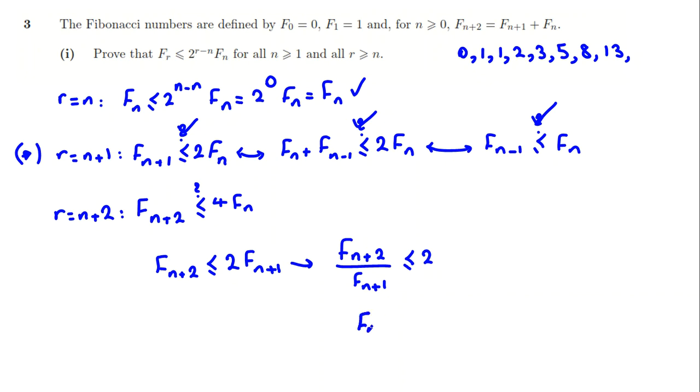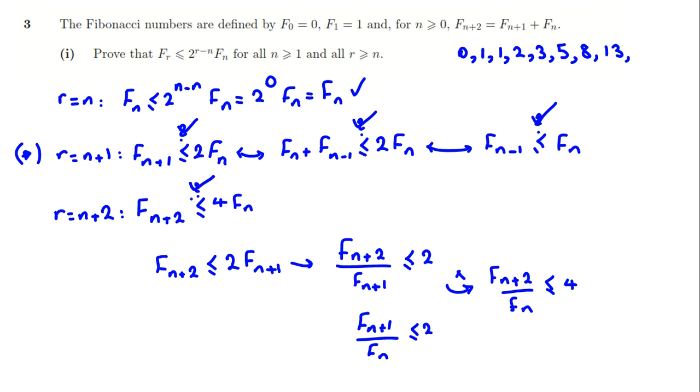And similarly, you can say f(n+1) over fn is less than or equal to 2. If we multiply, then we call it the telescoping rule: f(n+1), denominator and numerator, will be cancelled. So f(n+2) over fn is less than or equal to 4, which is exactly what we wanted to prove.